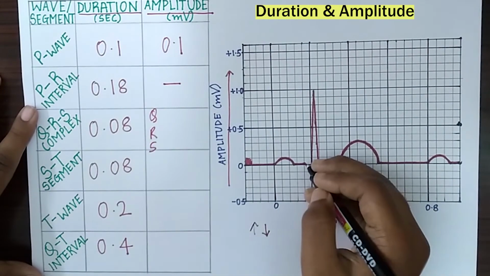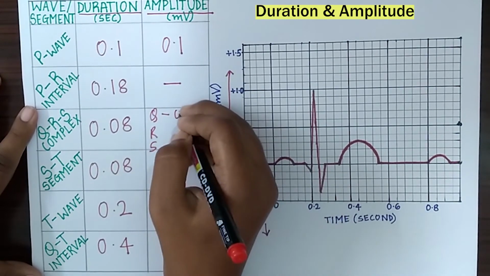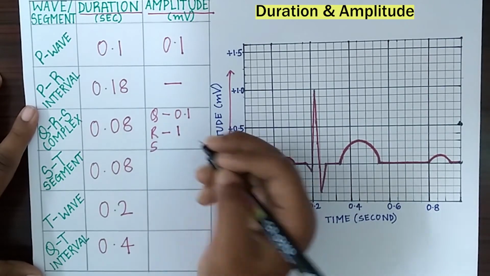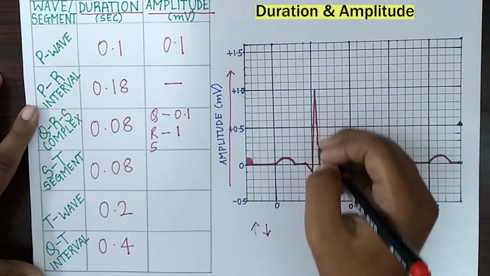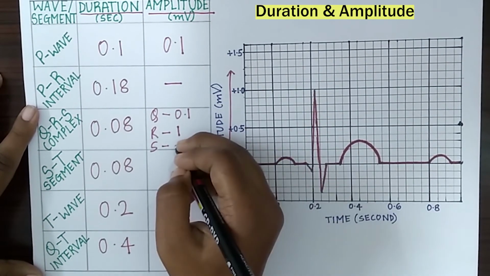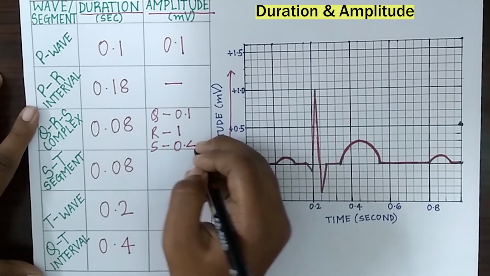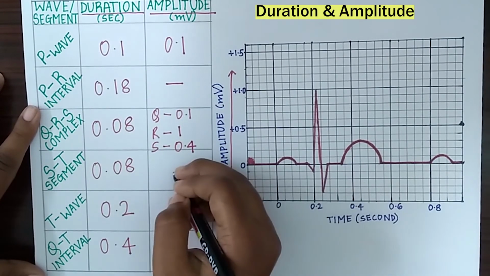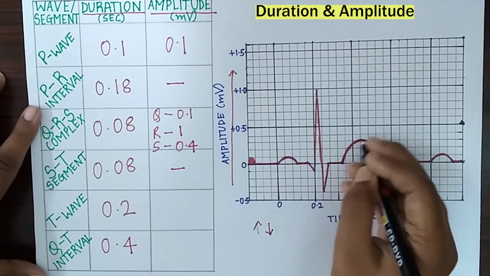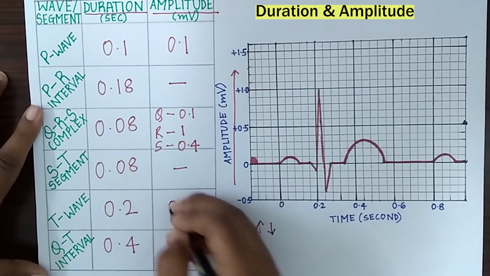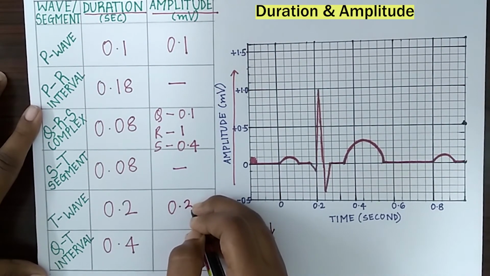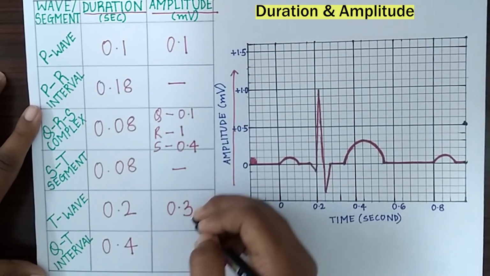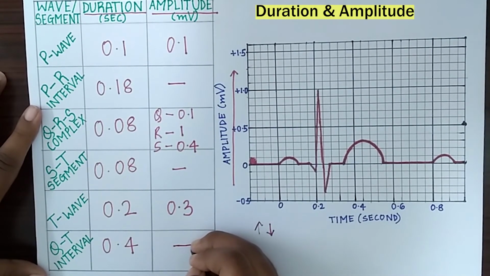Q wave is again 0.1, but it is negative, that is below the isoelectric line. Then we have R wave. As R wave is the longest wave, it is 1, and S wave is 0.4, which is again negative. Then we have ST segment, again isoelectric. T wave is 0.3. So the amplitudes are 0.1, 0.1, 1, 0.4 and 0.3.